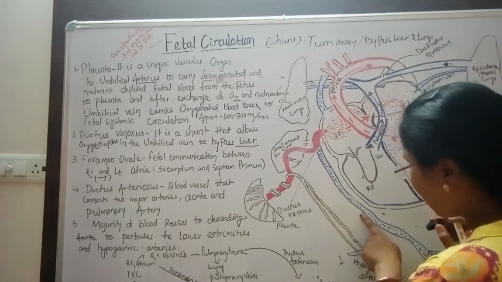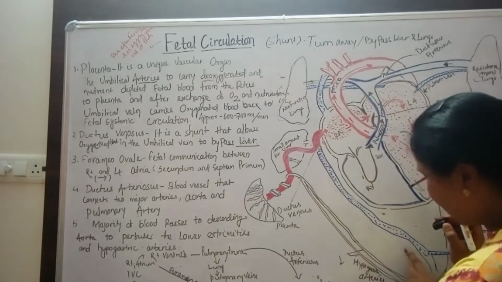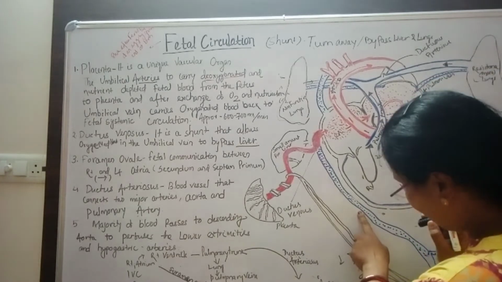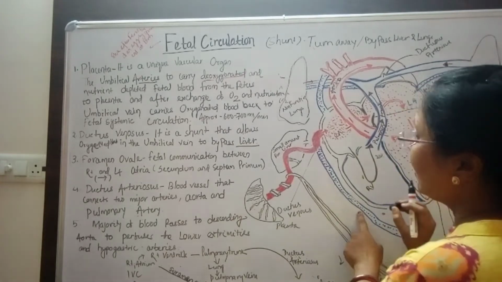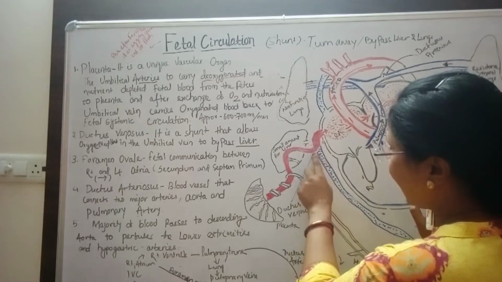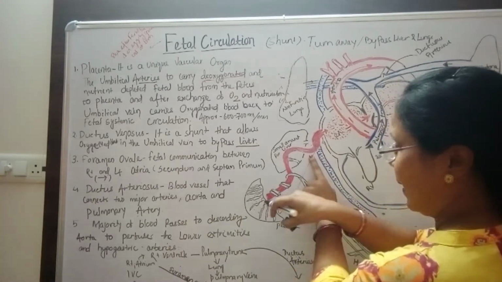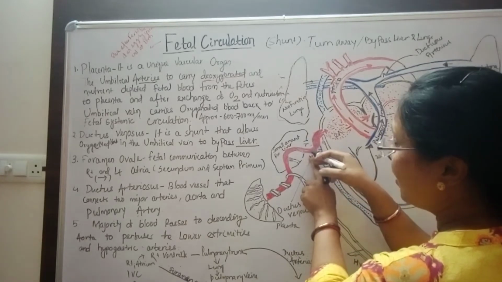The lower part of the body is drained by the inferior vena cava, which carries deoxygenated blood, and it intermixes with the placental blood carried by the umbilical vein.